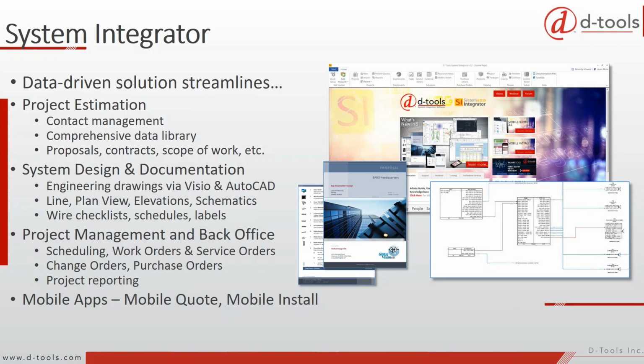All of this is tied together through what we call a data-driven process, which means that deep product specifications drive the entire project process throughout System Integrator, from the very beginning of the customer engagement all the way through the install and service component. That product information includes dimensions, inputs and outputs, engineering specifications, as well as pricing, labor time to install, descriptions and images. All of that information is used to drive projects within our system.